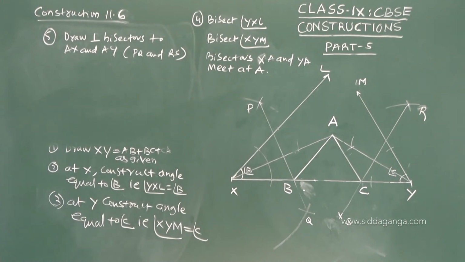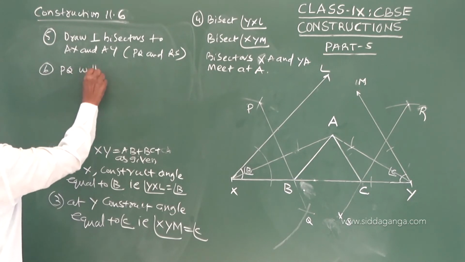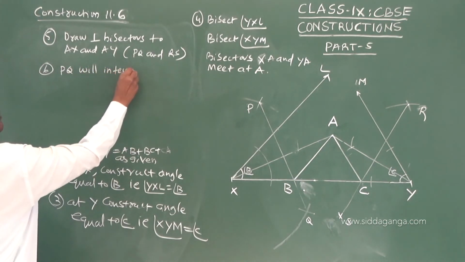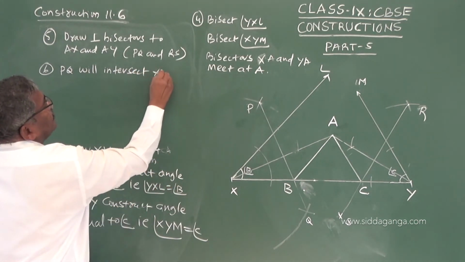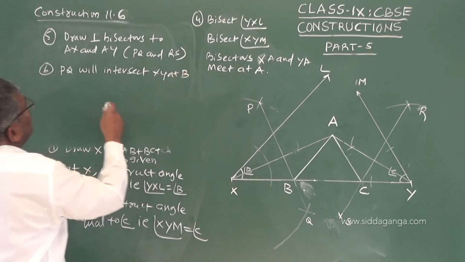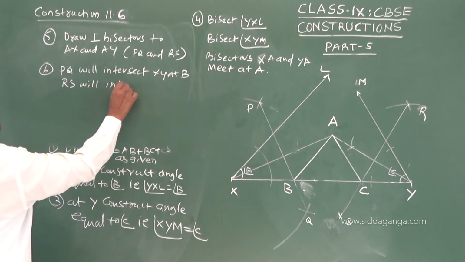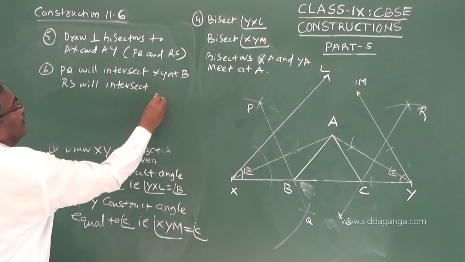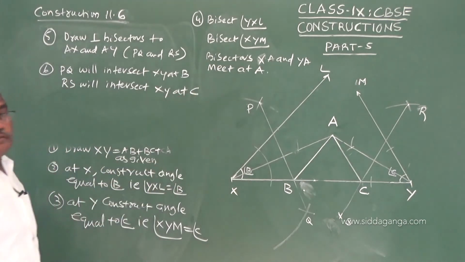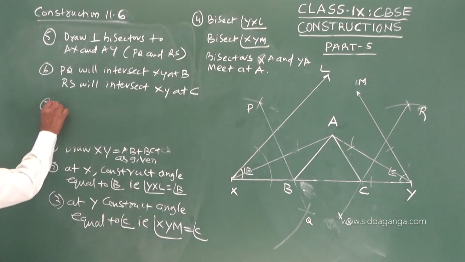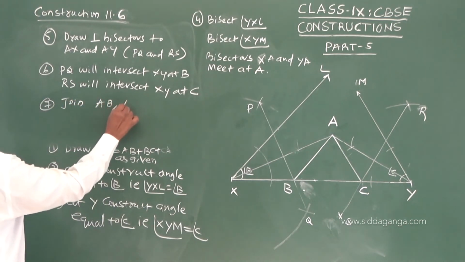So sixth, PQ will intersect XY at B, and RS will intersect XY at C. Now join AB, AC.